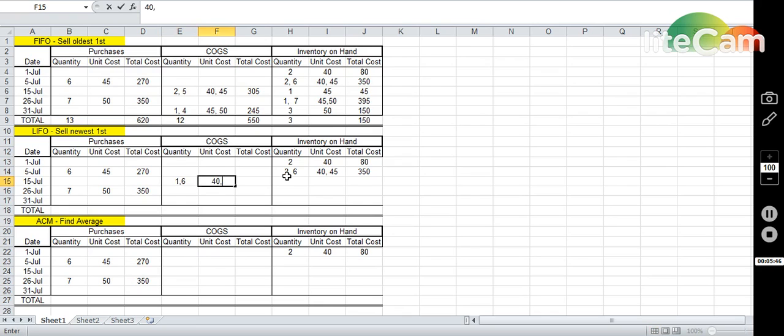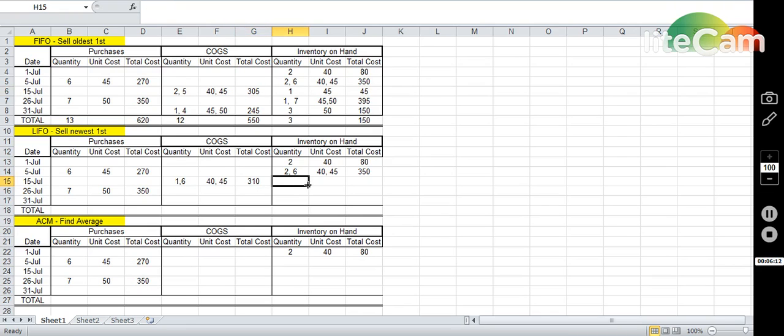So I'm taking 1 for 40 and 6 for 45. So my total cost is going to be 40 plus 6 times 45, $310. So my numbers aren't matching my previous example because we're selling different units in this scenario, and the units had different costs.